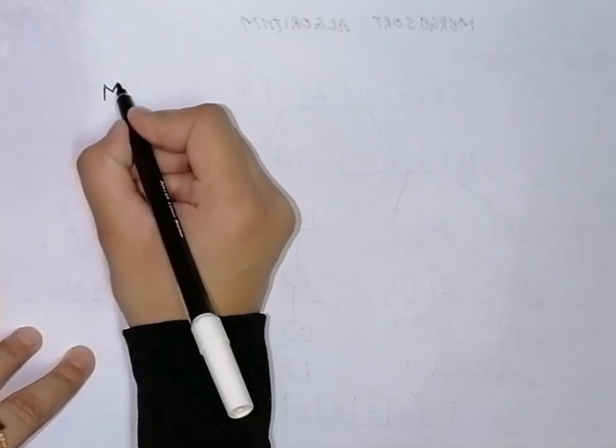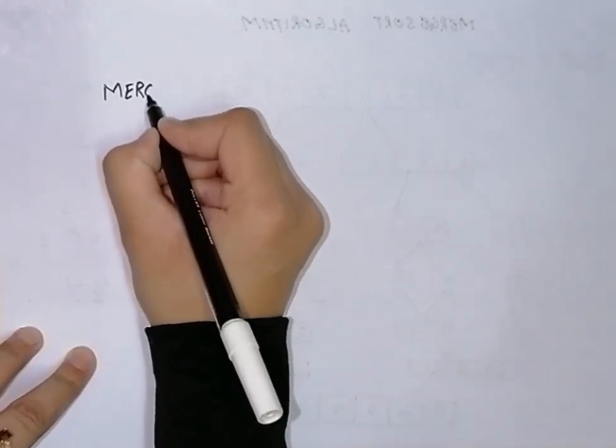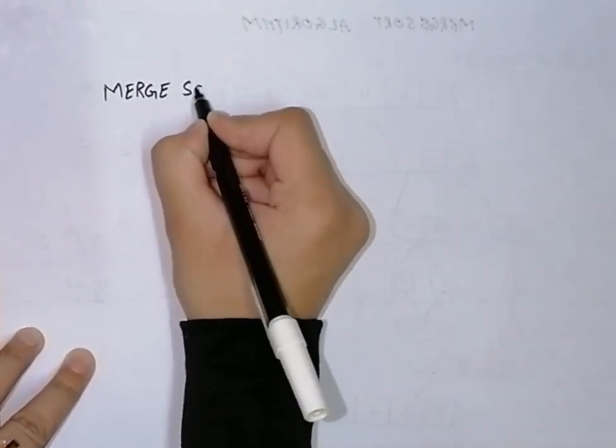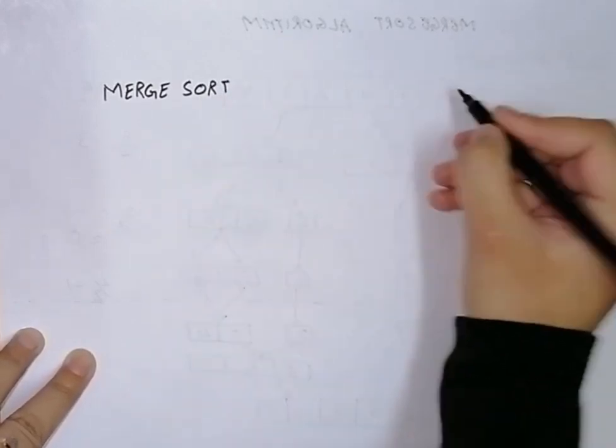Okay, so the algorithm that governs all this procedure comes down to two types of code. Number one is MergeSort, and the second one is merge.